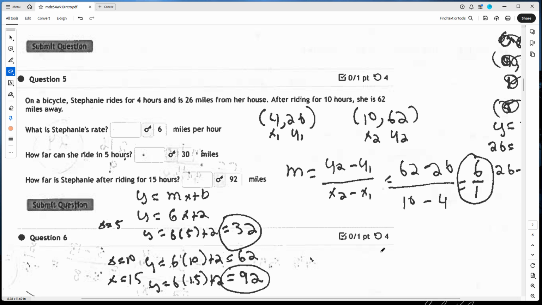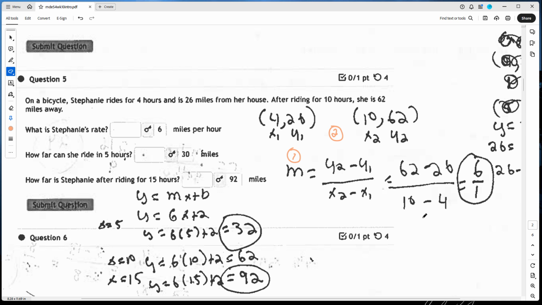Okay. So for this first one here, the first thing I do is I write out my slope formula. You want the rate of change, so this will be the first thing you do. Second thing you do is you assign values to the variables that are in the formula here, x1, y1, x2, y2, in terms of miles per hour.